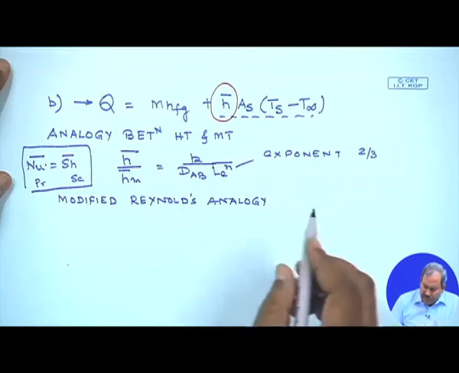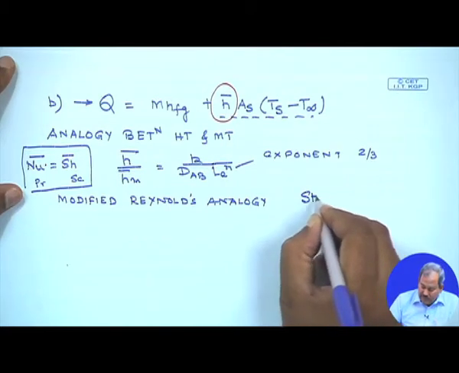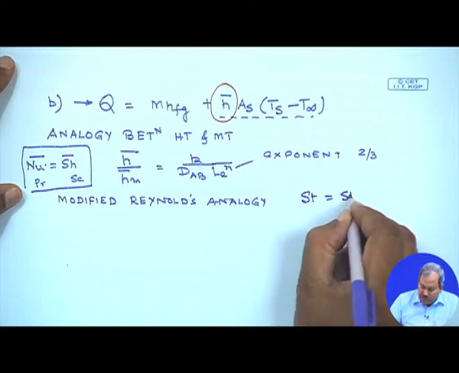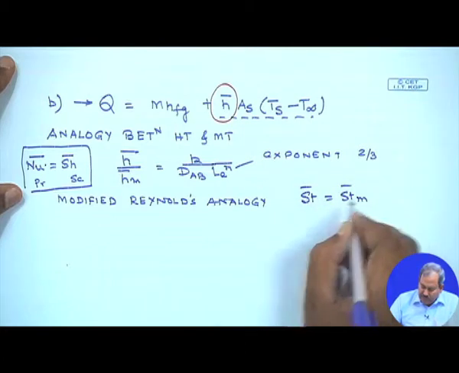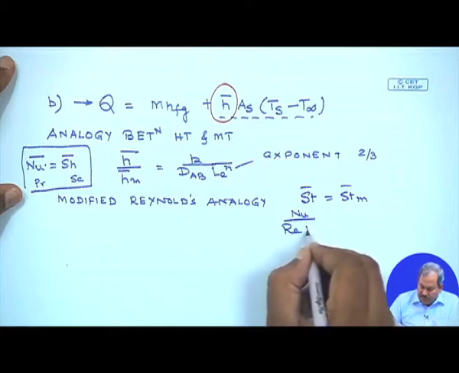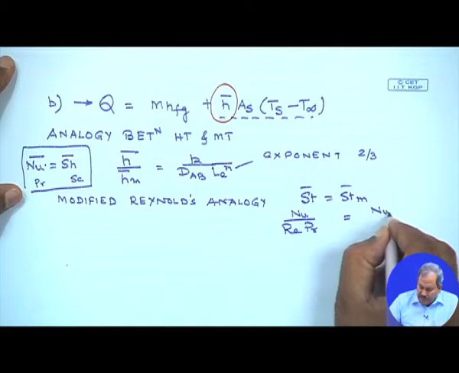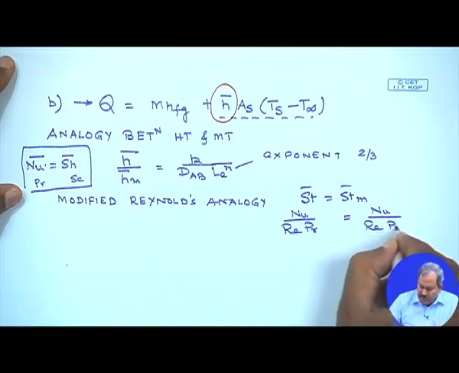Using modified Reynolds analogy, what you are getting is Stanton number based on heat is going to be Stanton number based on mass. So you have Nusselt number by Reynolds into Prandtl is equal to Sherwood number by Reynolds into Schmidt.